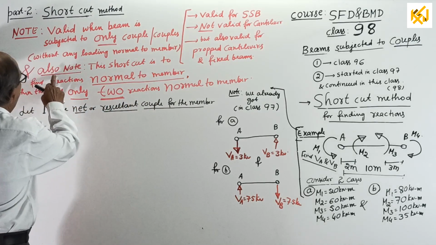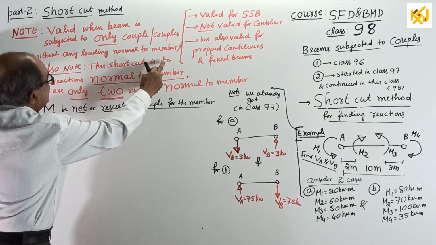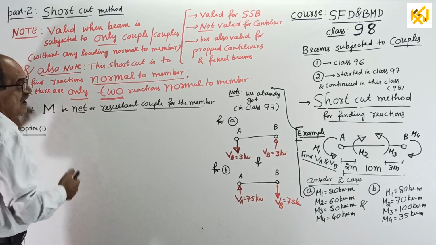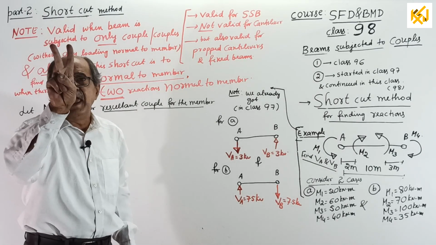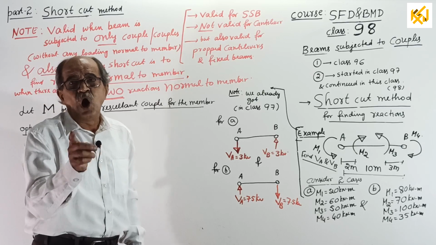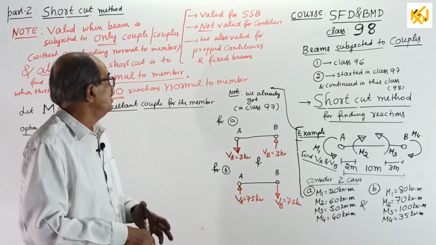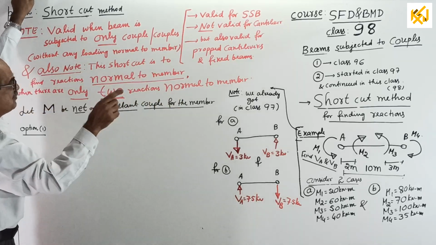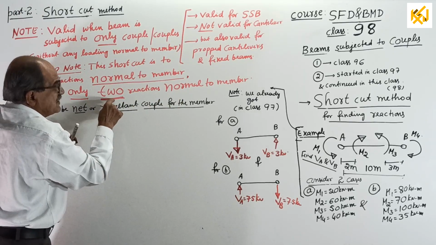Then, also note, this shortcut finds reactions normal to member when there are only 2 reactions. Remember, it should be only 2, not 1 reaction. You should write one thing. When there are only 2 reactions normal to member, this 2 is compulsory.